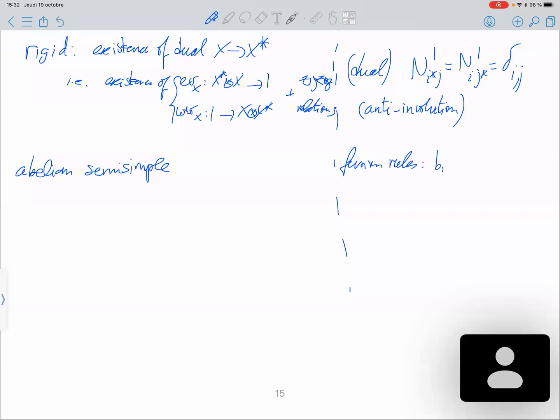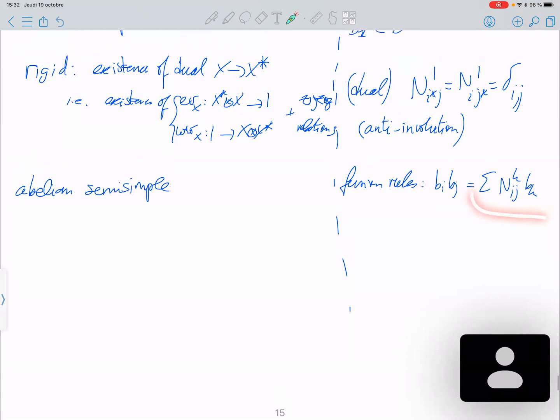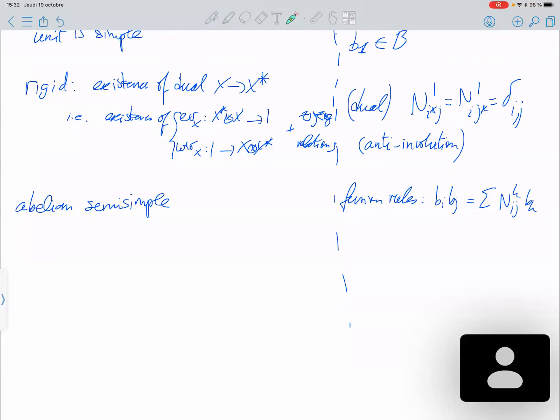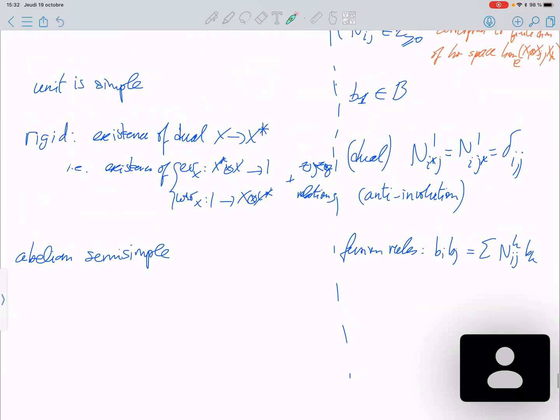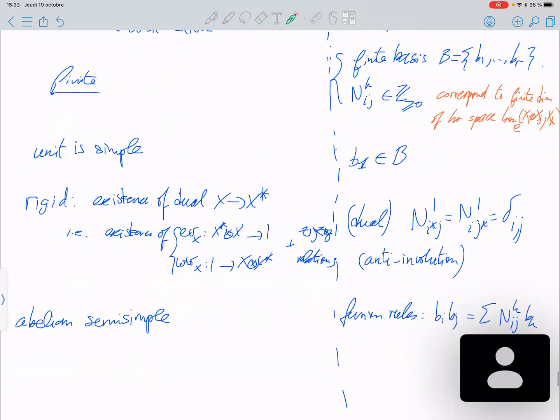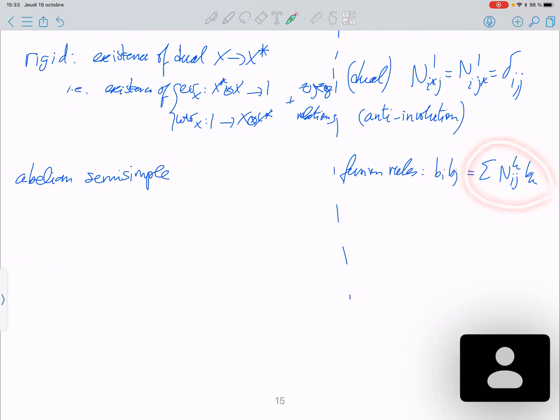So you have b_i b_j equals the sum of N_ij^k b_k. So if the product corresponds to the tensor product, at the categorical level, by semisimplicity, every tensor product decomposes, so you can see one correspondence. And in fact, the fact that it is semisimple at the categorical level, at the fusion ring level means you have a basis, so any element is a finite sum of elements of the basis. Anyway.